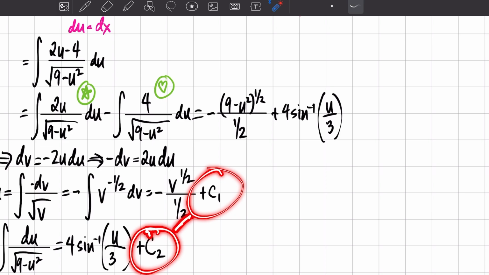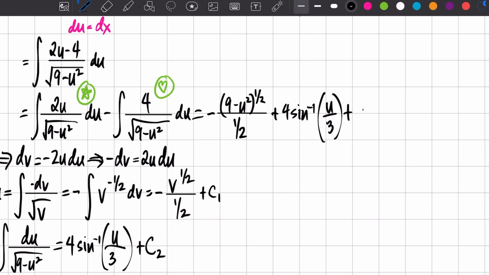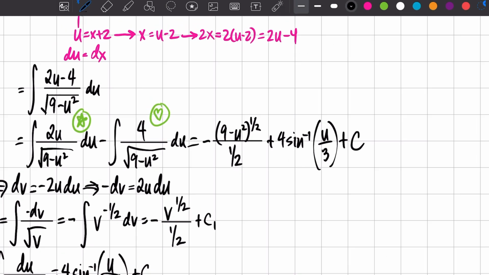But remember the sum of two constants is just a constant, so we can just say that it's a constant c right here.